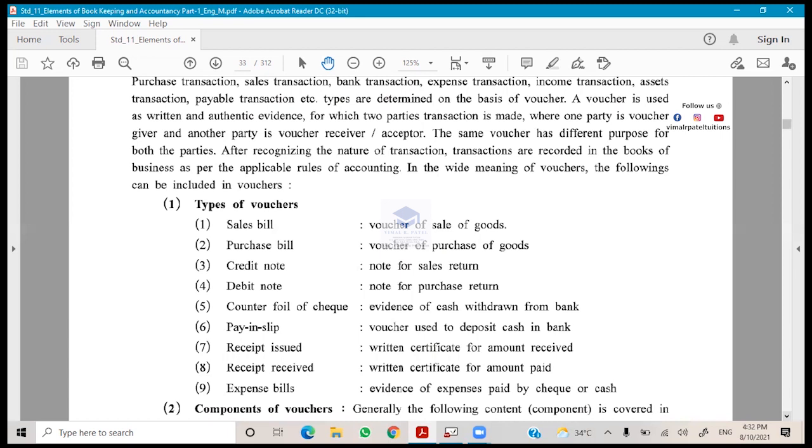Whenever we are issuing receipt, that means we have received amount from other person. Whenever we have received receipt, that means we have made payment and the opposite party has given receipt for payment. Then expense bill or voucher of expense, that is evidence of expenses paid by check or cash.